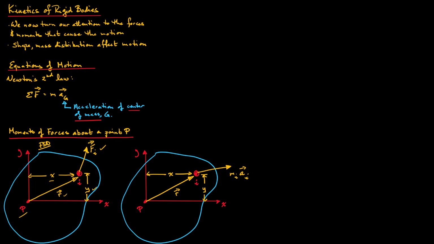As we know from Newton's second law, a net force will cause a mass times an acceleration. So this is what we are noting on that right-hand side drawing. So this net force Fi on particle I will cause a mass times an acceleration at point I. This is what we call a kinetic diagram.